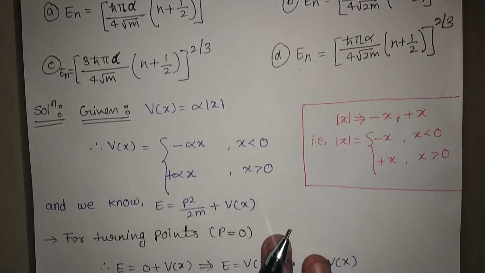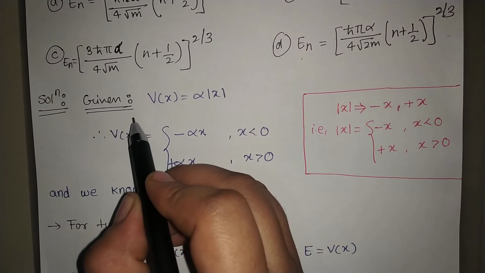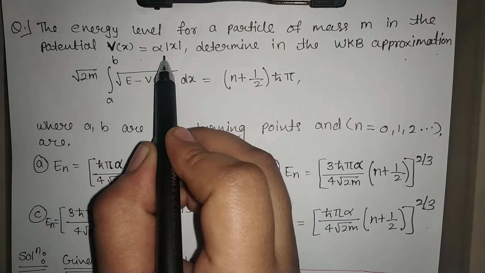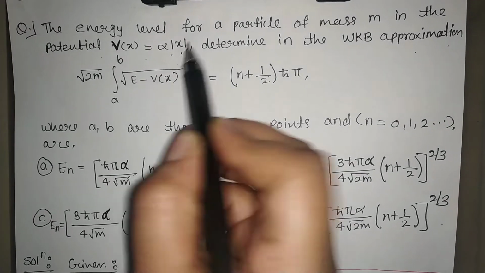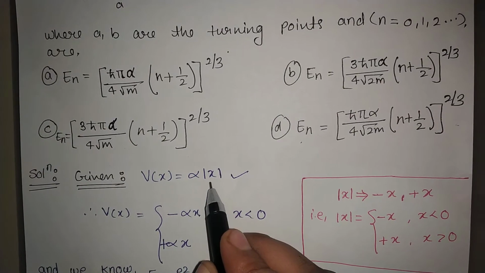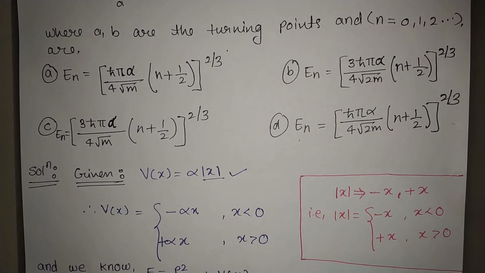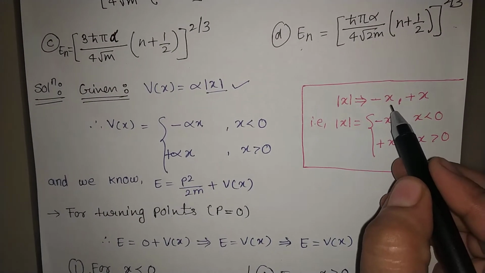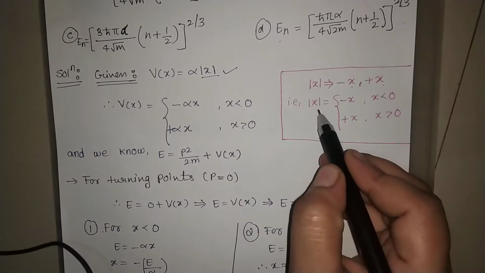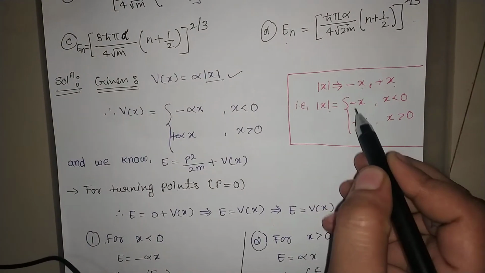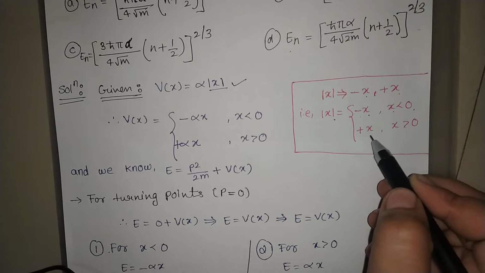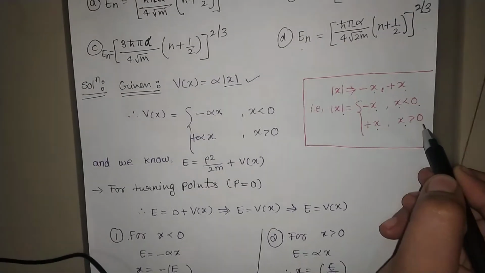First of all, we will write what is given to us. In this question, we are given V of x equals alpha times mod of x. Now we all know that mod of x has two values, minus x and plus x, that is negative and positive of x. So we can write mod of x as minus x for x less than 0 and plus x for x greater than 0.